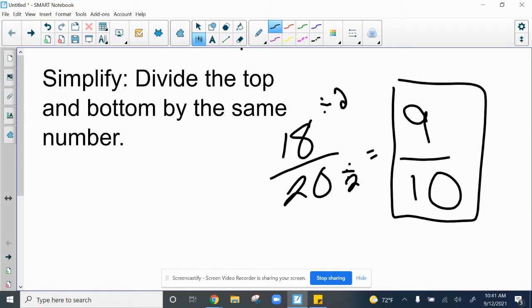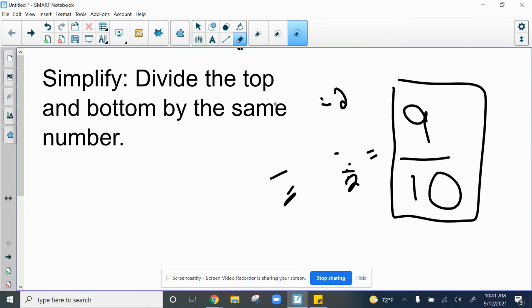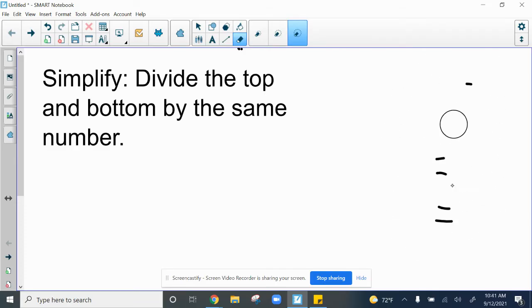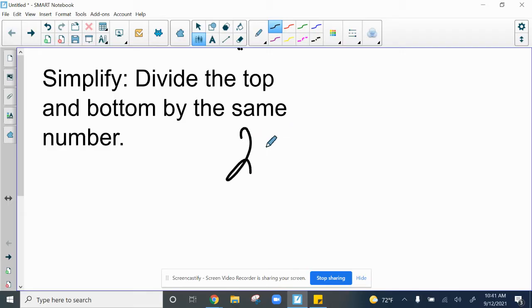All right, let's try one more. I am now going to do 21/36. Now I am thinking, what can I divide both 21 and 36 by?